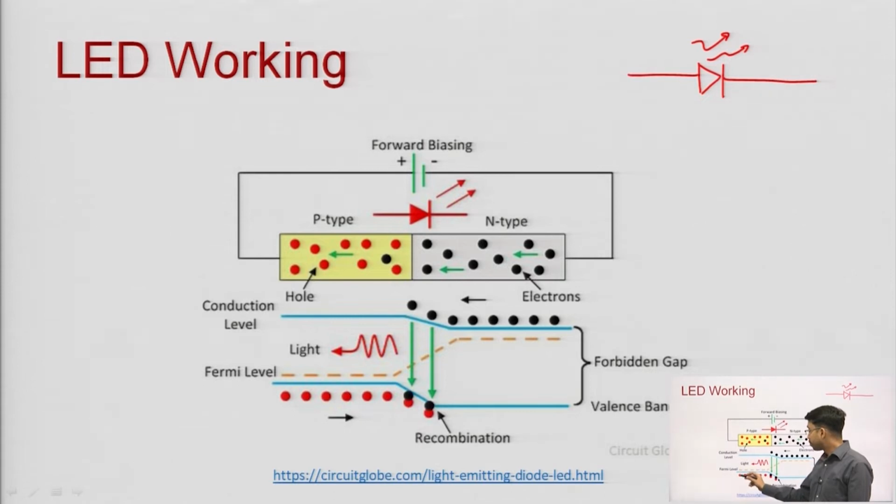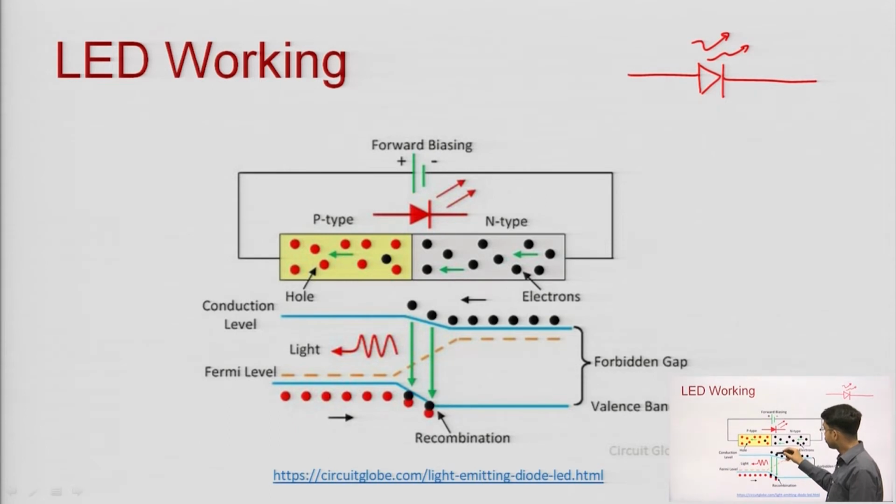So there are free holes in the valence band and electrons in the conduction band. When we forward bias it, the electrons move to the junction region, the holes move to the junction region, and electrons combine with holes.